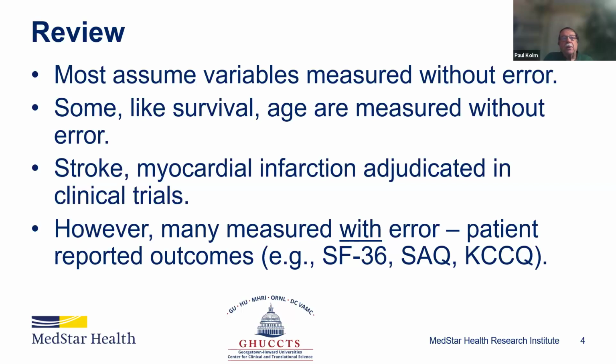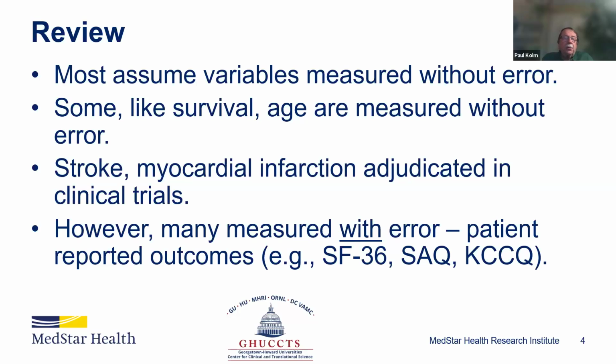So those may not be exactly measured without error, but they're usually regarded as such. However, even outcomes or variables that we'll look at in structural equation modeling are measured with error.